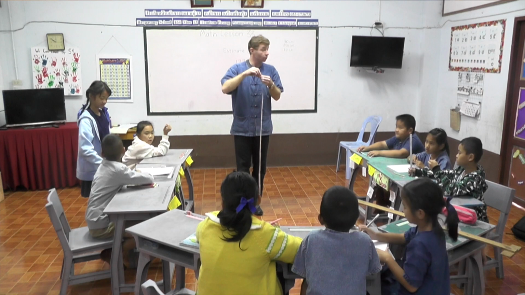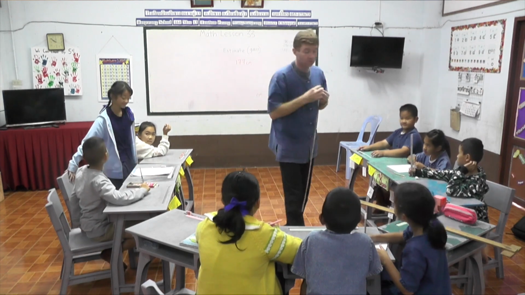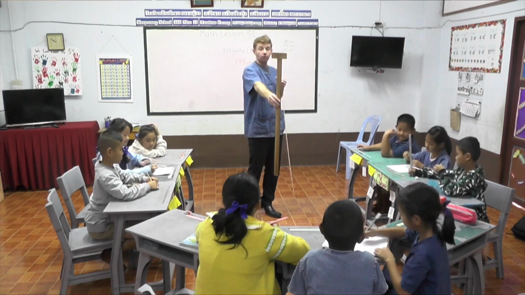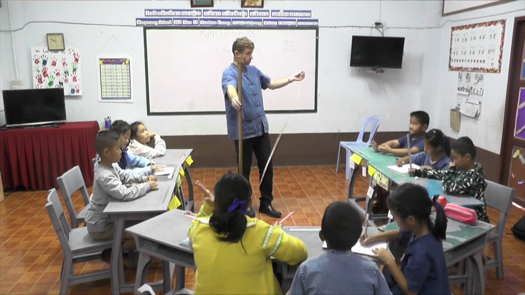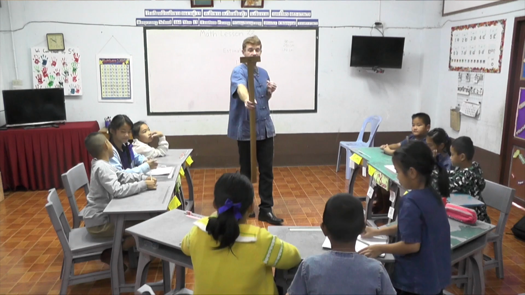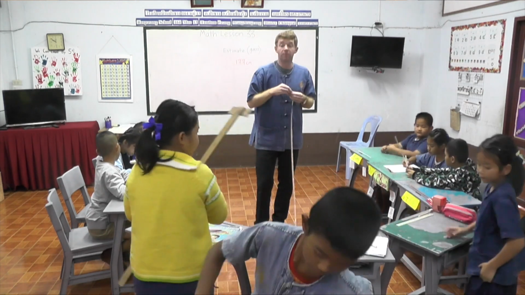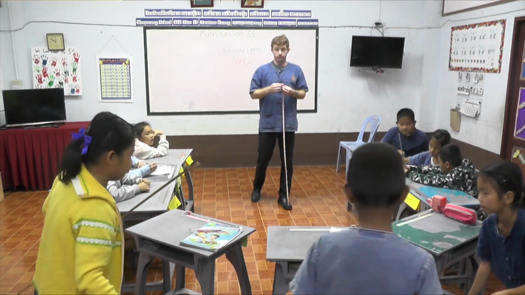Okay, so next one, width of the door. When you want to check the width of the door, you can use this. Okay, so Pat, Lakaw, Preu, you can measure the width of the door. Remember to start at 0.